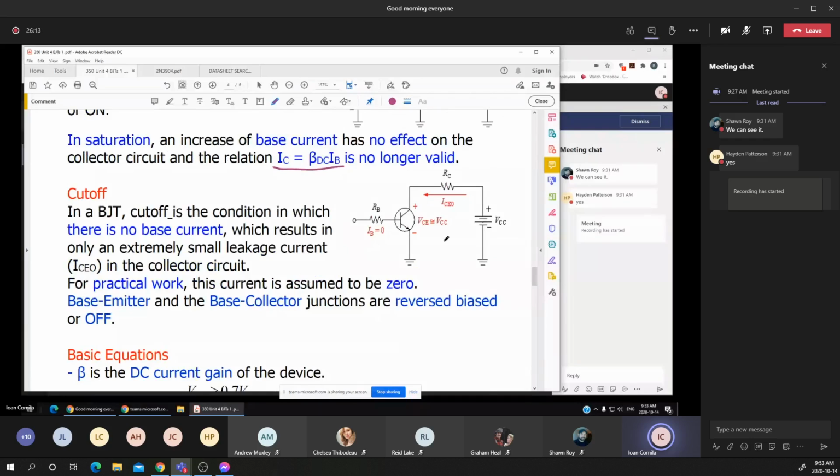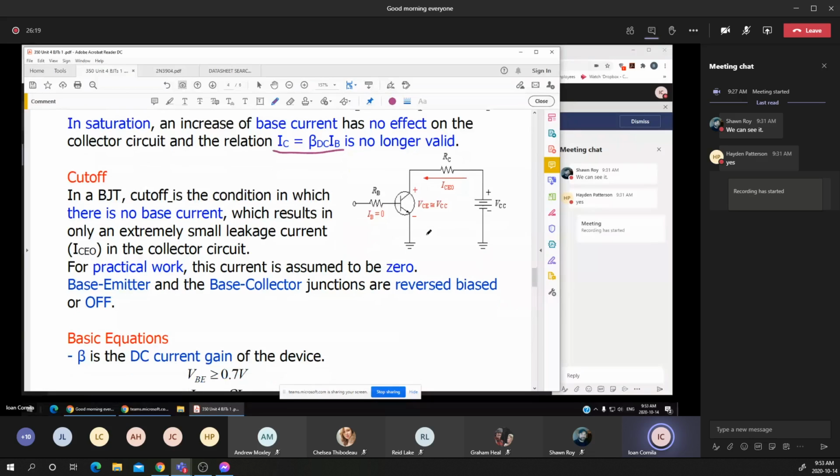What we can calculate for the same diagram: again, I'm applying the KVL in this output loop or the collector loop. You notice that if there is no base current, or the IB is 0, or there is no voltage, no current applied on the base, the collector current is equal to 0.